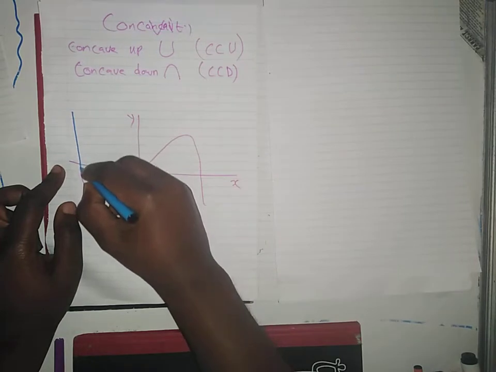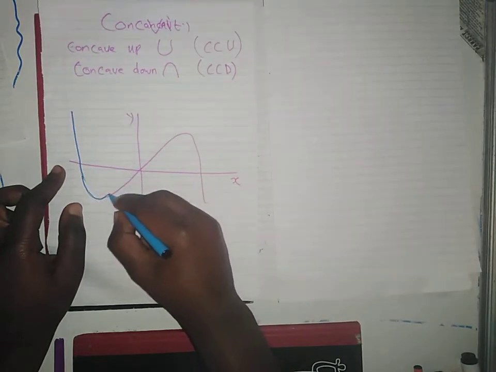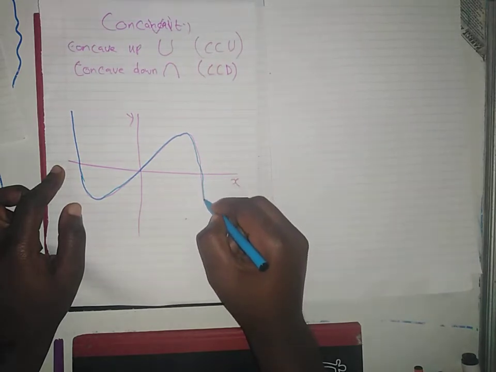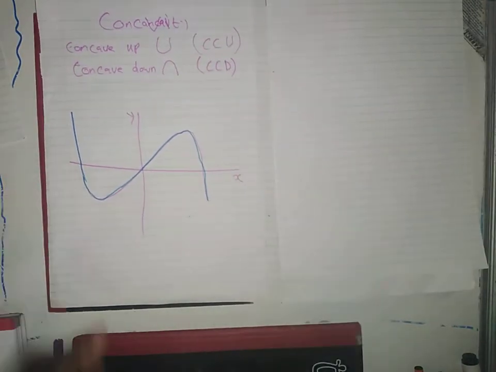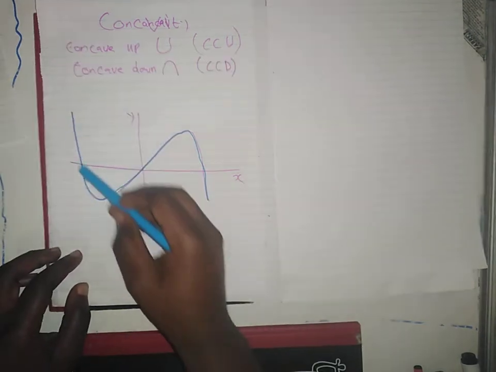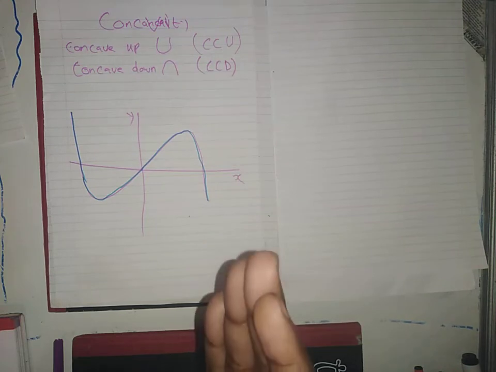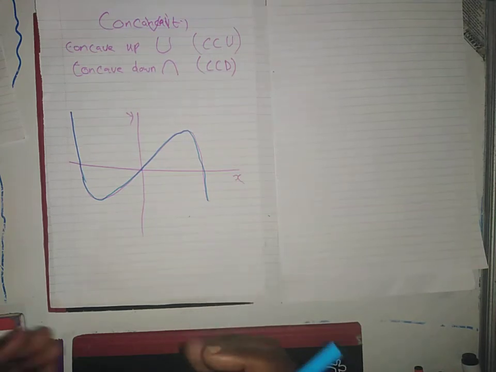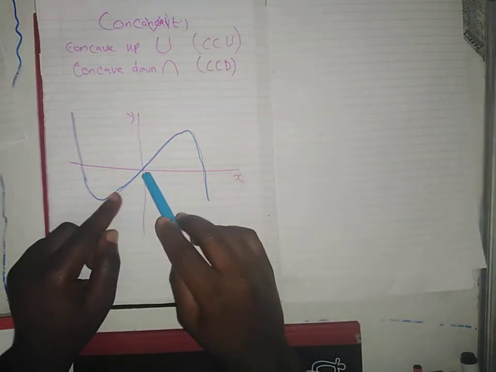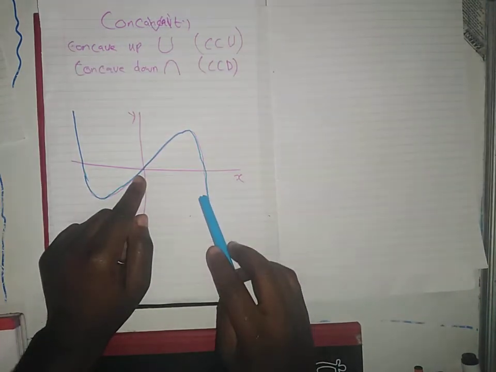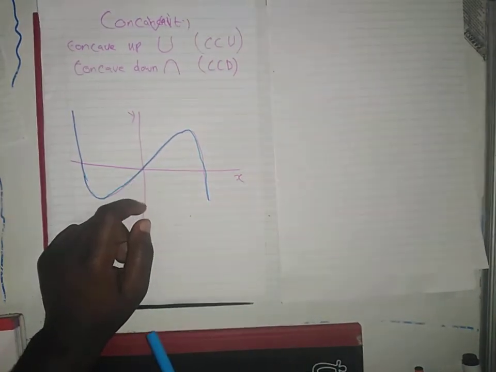So you've got a graph here, and as you can see, along this part, the graph is concave up. So it's facing up. Can you see that? And then at some point, it starts facing down. So this is concave down.